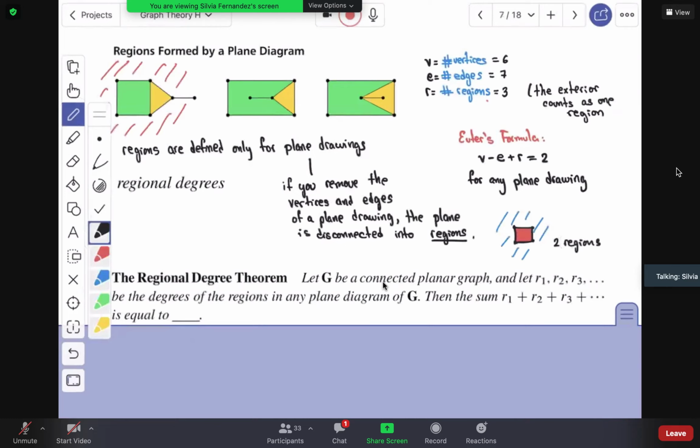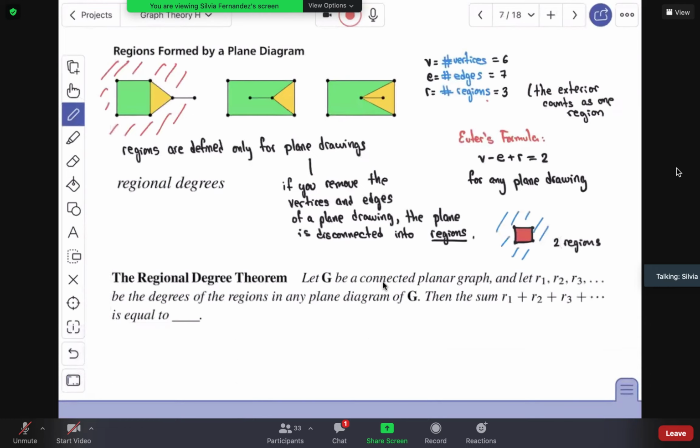So if you draw it in a torus or in a double torus, that number changes, but it's also always the same for that same surface. The one we're interested in here is just the plane, which actually is the same as drawings on the sphere. And that's why this formula actually applies to solids, to polyhedra.